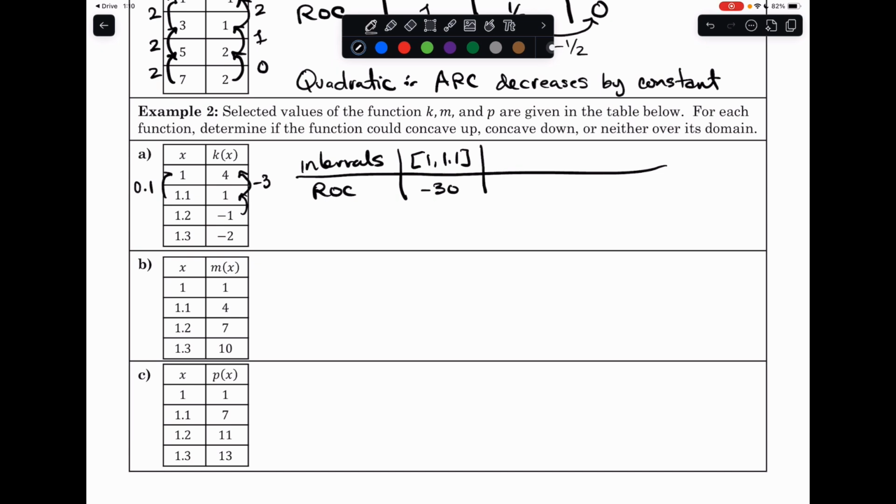From here to here, from 1 to negative 1, you are going down 3 as well. And this is a difference of 0.1. So negative 3 divided by 0.1, that is negative 30 as well. And we're going from 1.1 to 1.2. And now we're going to finally go from 1.2 to 1.3. This is a difference of, oh no, hold on, I made a mistake.